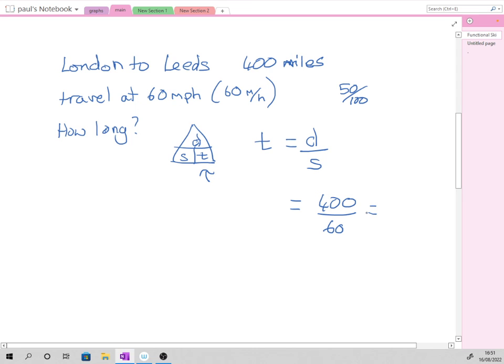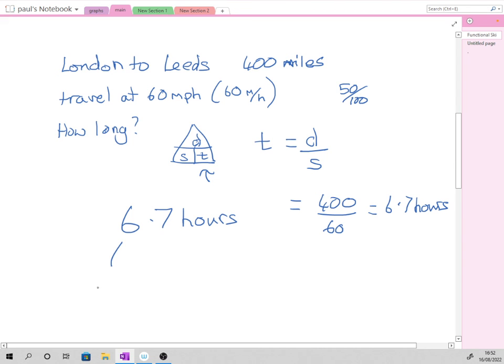So 400 divided by 60 is 6.6, 6.7 hours, something like that. 6.7 hours in decimal. Now remember, we did this before. I know it's 6.66, I've just rounded it up.